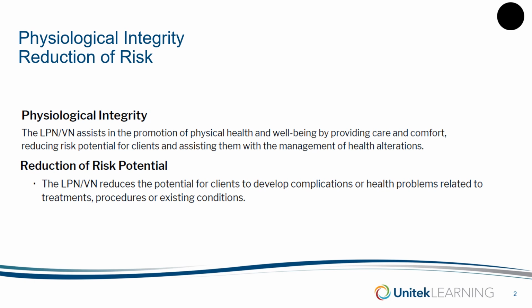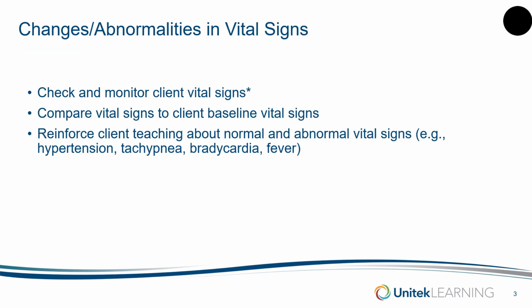This category evaluates your ability to prevent complications related to a client's condition or prescribed treatments. We're going to look at changes in vital signs, diagnostic test interpretation, and how to monitor for emerging, expected, or potential complications.